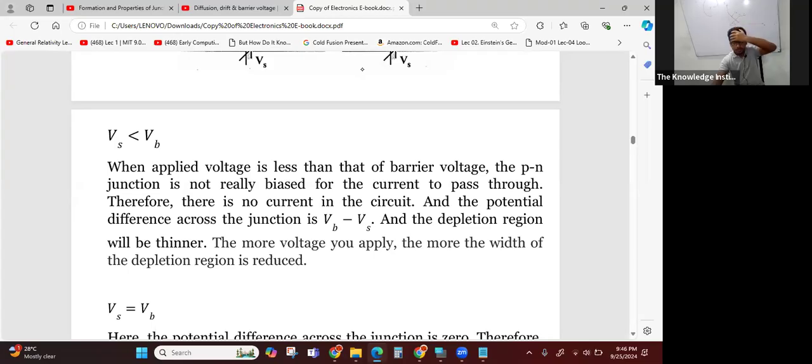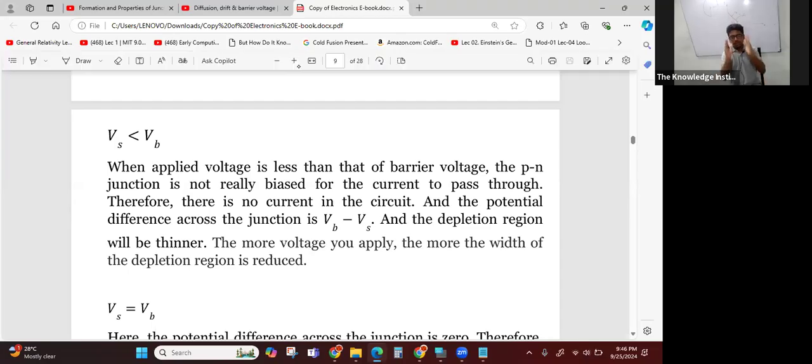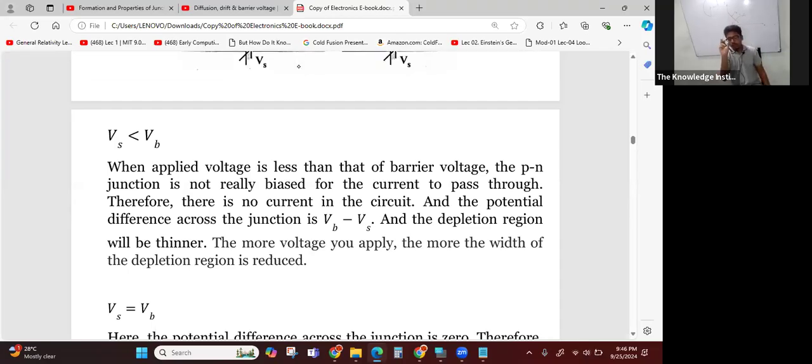So when we apply this Vs, there will be a small movement of minority carriers, and therefore the thickness of the depletion region will decrease. Then it will decrease to a constant value that corresponds to a voltage difference of VB minus VS.